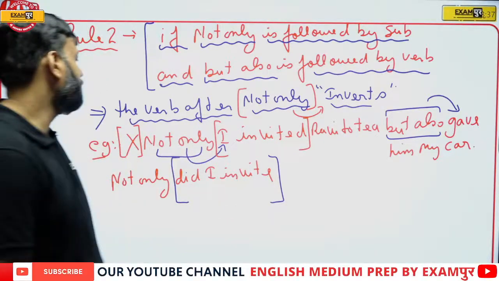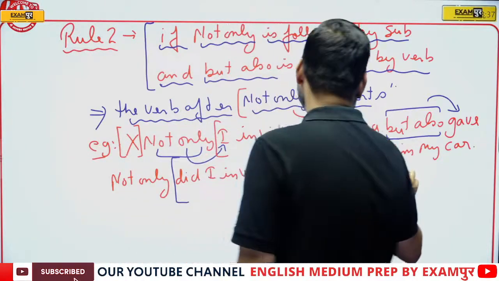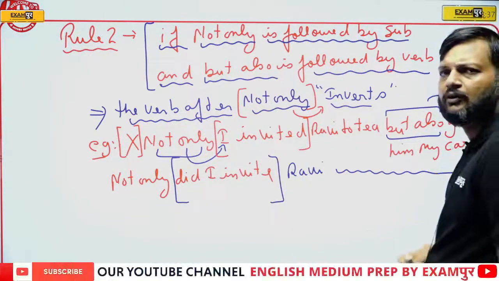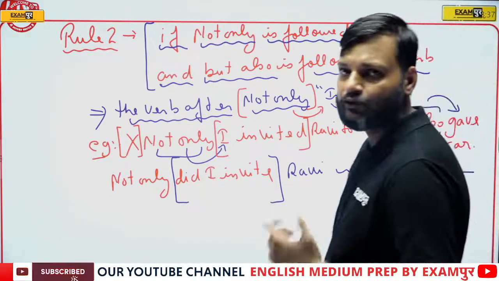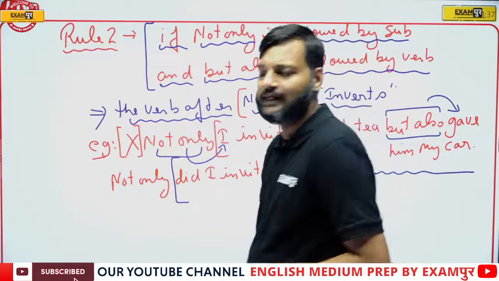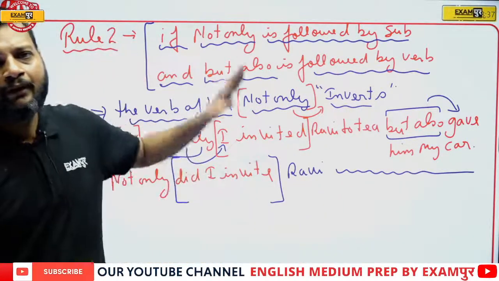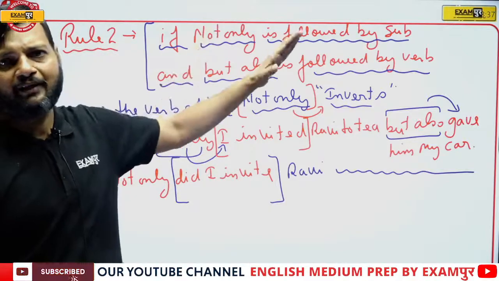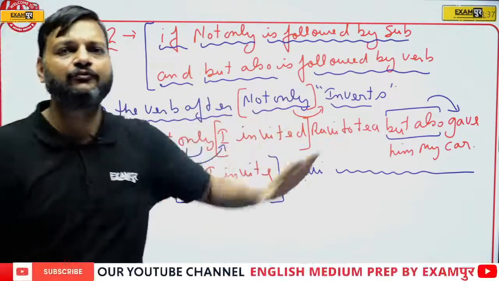Not only did I invite Ravi to tea, but also gave him my car. So this would be the correction of this sentence. So the second rule of inversion is that if not only is followed by a subject and but also is followed by a verb, the verb after not only inverts. Okay.